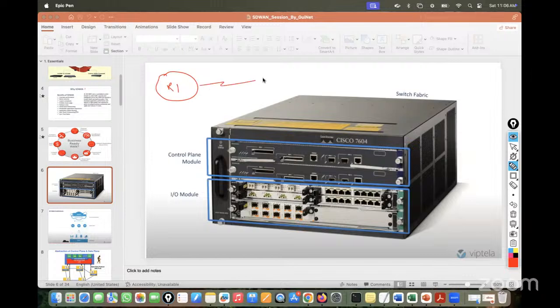This router is connecting with some EIGRP protocol. This interface is connected with OSPF. This is connected with BGP. We have to understand FIB and RIB, okay? Now I'm advertising this one.